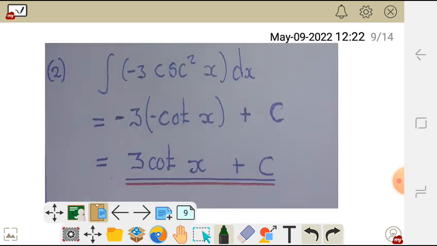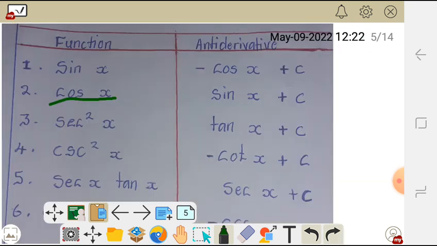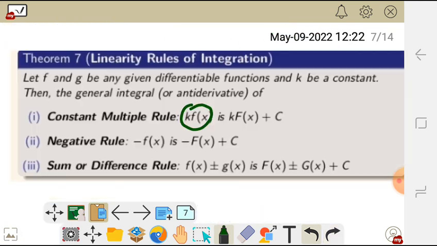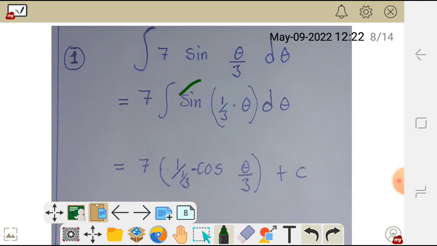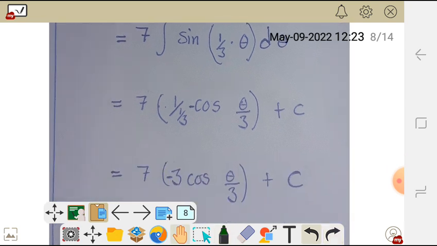The antiderivative of sine is simply negative cos, so negative cos of theta over 3 there, plus c. Then to move forward, we have our 7, which is our constant, then we have 1 over 3. 1 divided by 1 over 3 is simply 3.